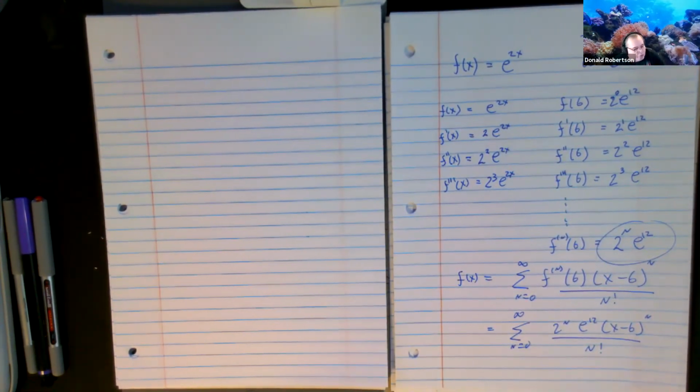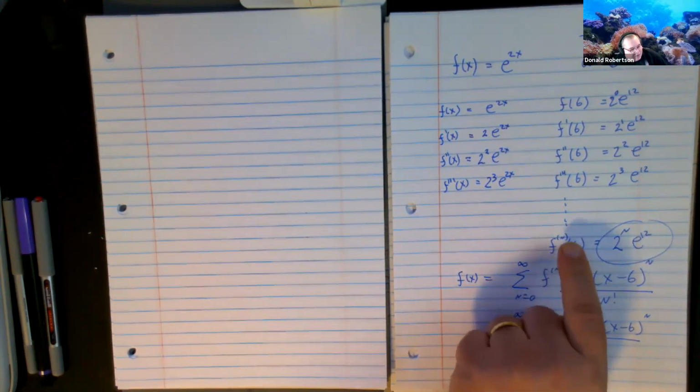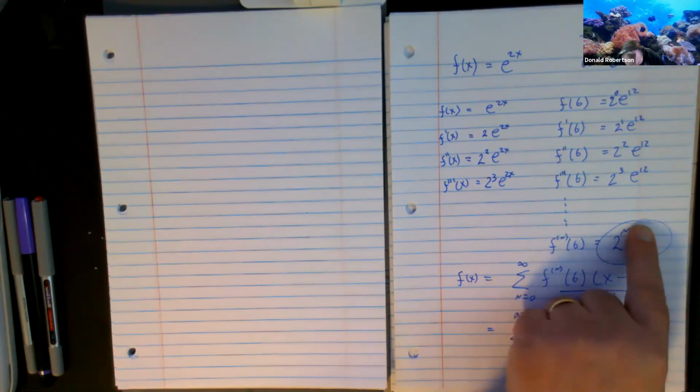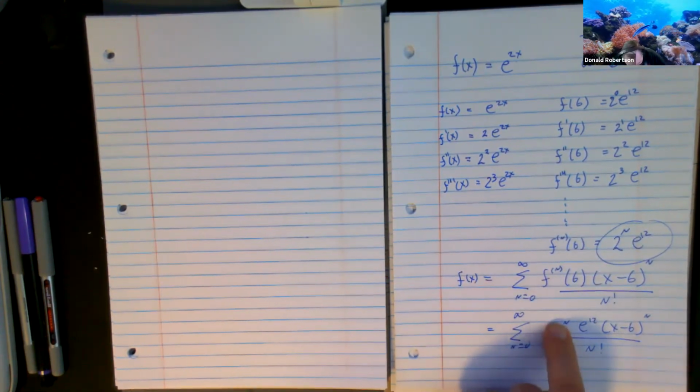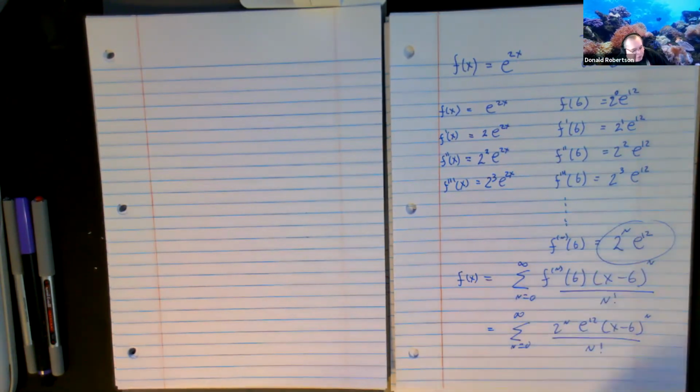Would you agree that one was just so much cleaner than the log one? The process is the same. Don't you just keep finding derivatives until you can say, I see a pattern, I can now get the nth derivative at, in this case, 6? Because if you've got that guy, he goes here, and the rest is pretty standard. And maybe you'll get a cancelling, maybe you won't. In this case, you don't.